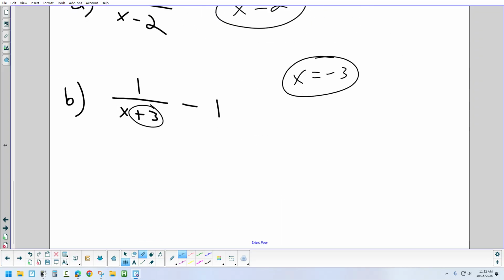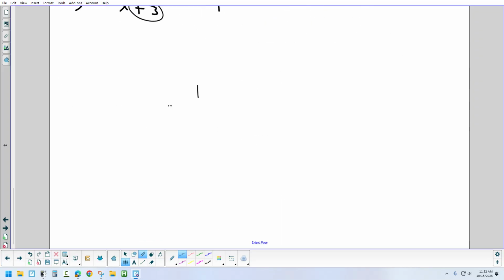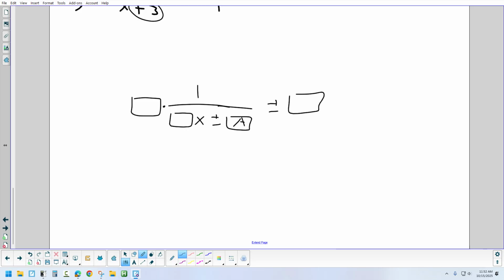So let me show you the transformations. Each one of those boxes is going to cause a transformation, either a shift or a stretch. Let's start with the inside.